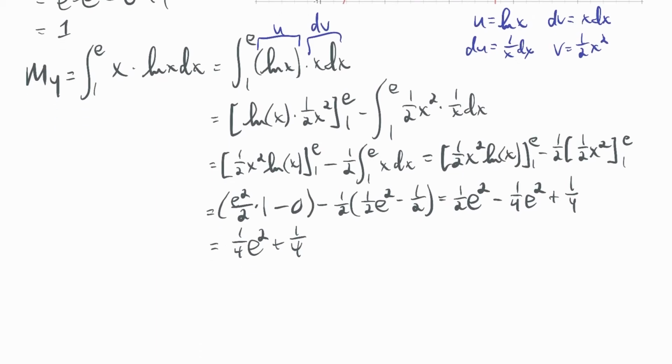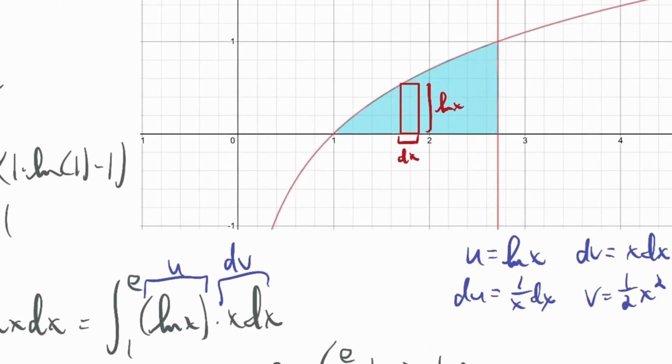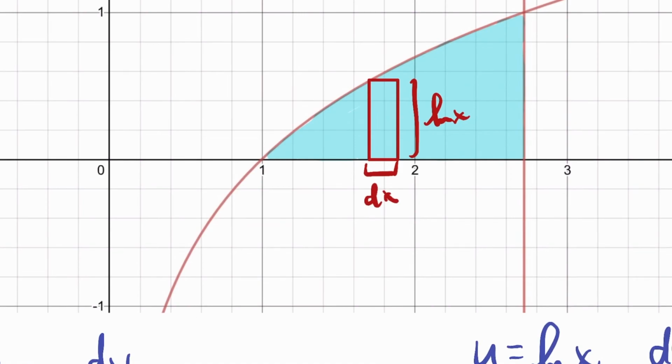So let's go find the moment about x. Okay, so this is the integral from 1 to e, and I like to think about not the formula, but the torque involved. So what is the distance from the center to the y-axis? Oh, we did that one already. Sorry, to the x-axis. My mistake. And then what is the area? Well, that's going to be 1/2 of the height.